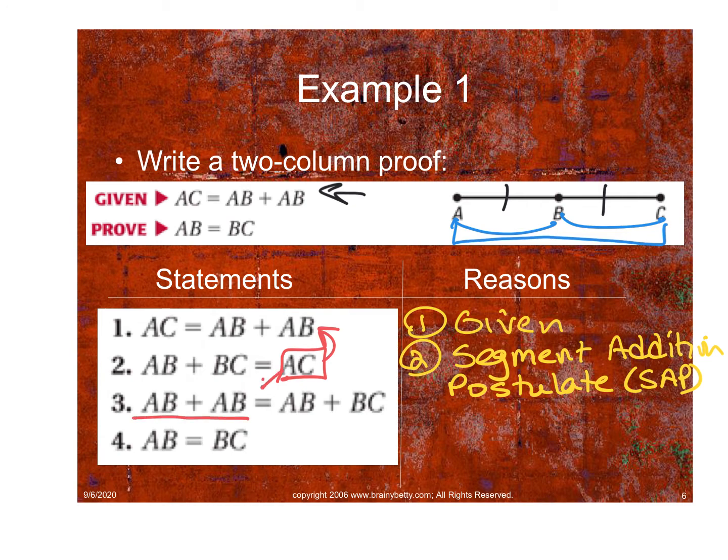So instead of writing AC here, they put AB plus AB, and they set it equal to what was there. So this is substitution. We substituted AC, we took out AC and put what AC equals, which is AB plus AB.